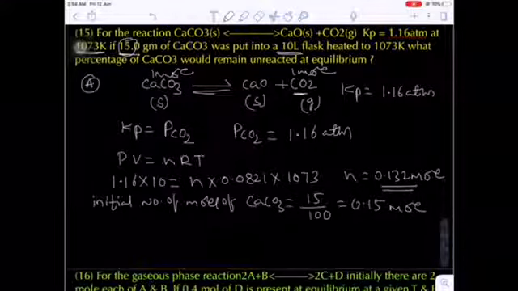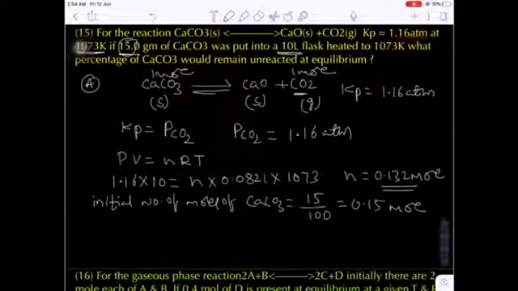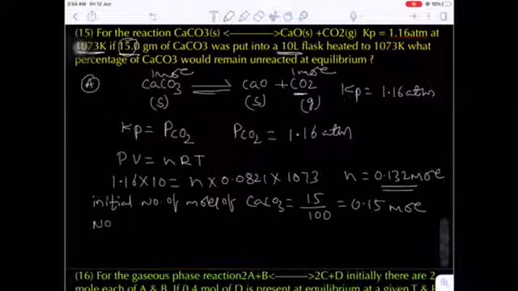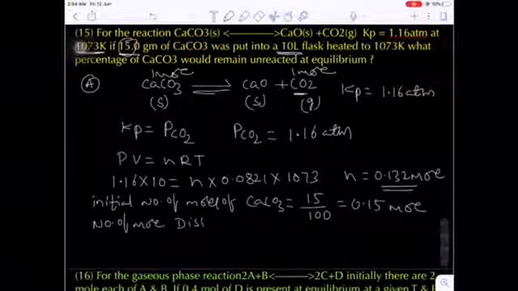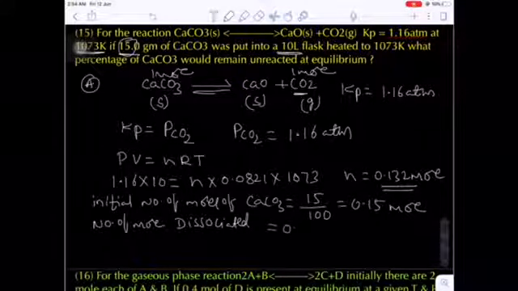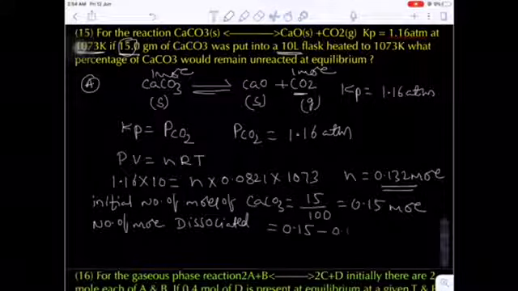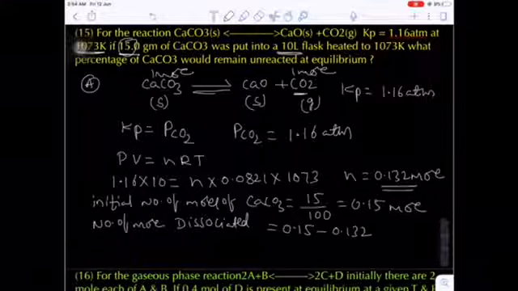Out of 0.15 moles, 0.132 moles dissociated. Are you getting my point? That means here the number of moles undissociated is equal to the initial number of moles minus the number of moles dissociated at equilibrium. Are you getting my point?